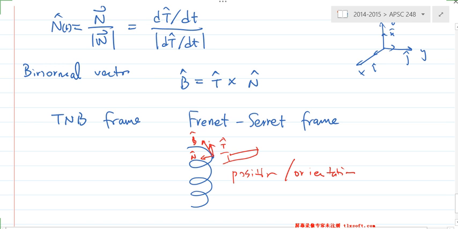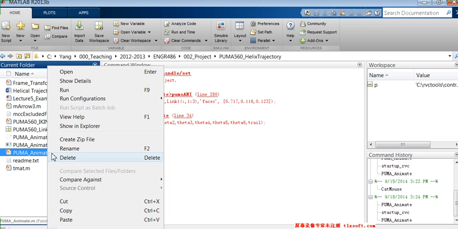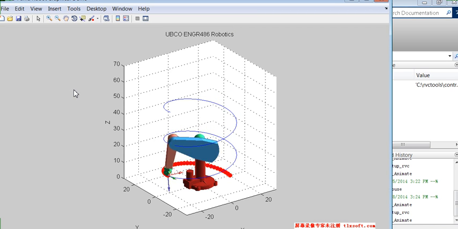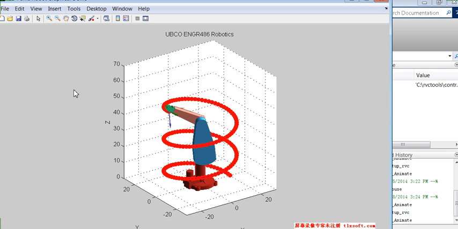That's one of the things you will learn in fourth year. I'll show you one of the projects students do in the robotics course. This is a so-called Puma robot, and there's a frame attached to the end effector. According to the requirement, that frame needs to follow the TNB frame as it goes along the trajectory.